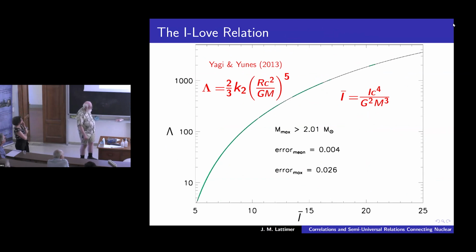So lambda is basically the amount by which a star will deform in a tidal field, expressed as a dimensionless number scaled with mass. And the moment of inertia, I bar, is basically the moment of inertia also scaled with mass. So when you form these dimensionless quantities scaled with mass, it turns out they have a surprising one-to-one connection with each other, although they involve the solution of different differential equations that you solve together with the TOV equation.